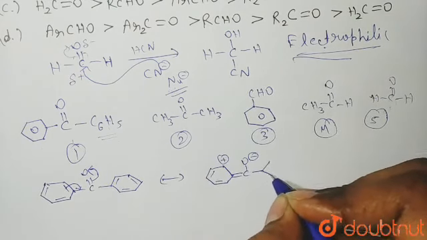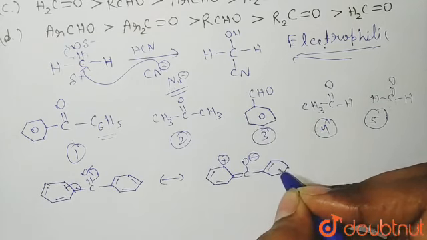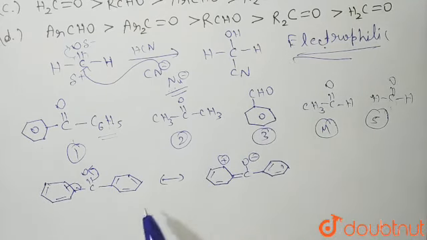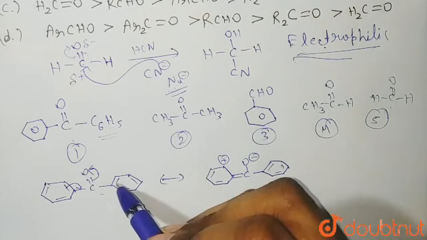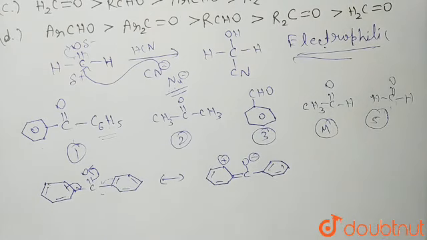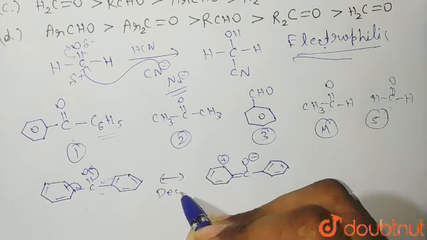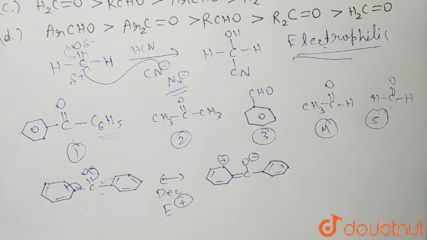Similarly, the other ring also gives electrons to the carbonyl carbon, thereby decreasing its electrophilic character.